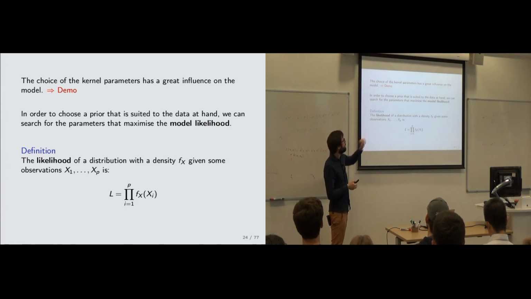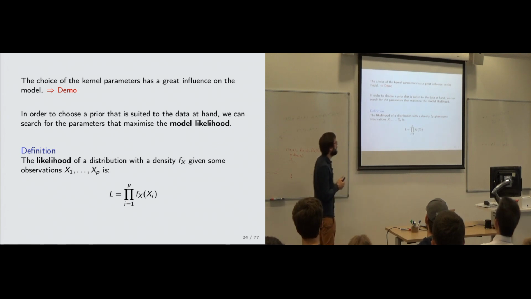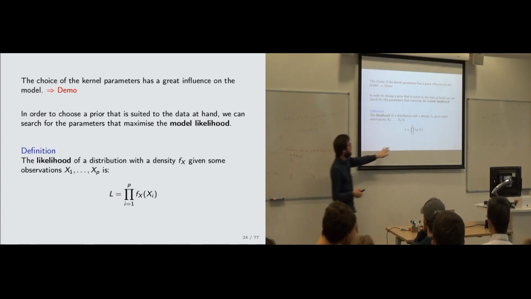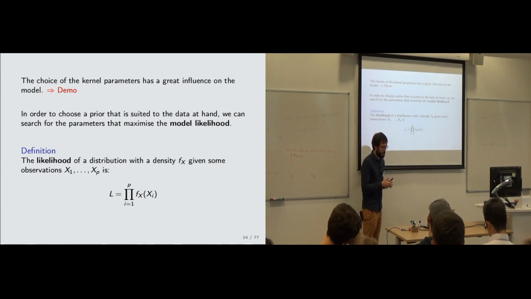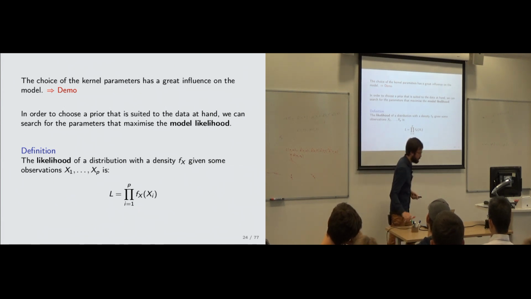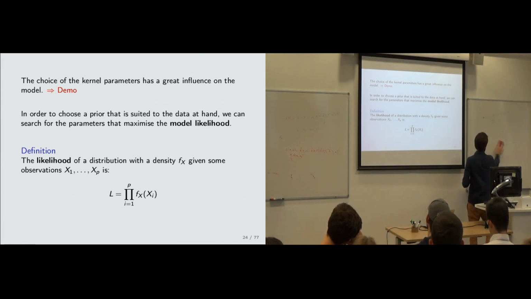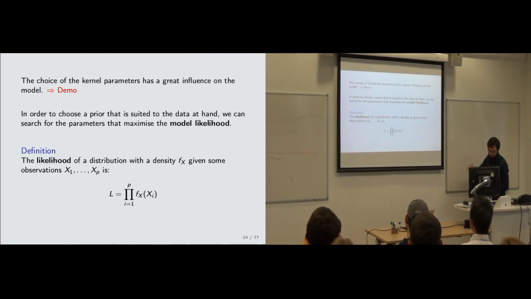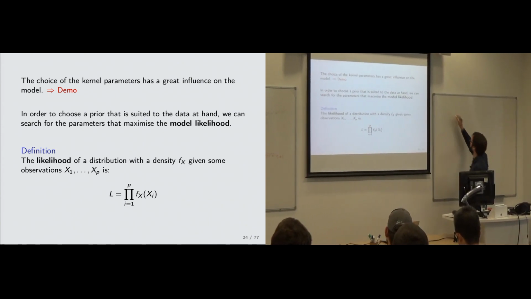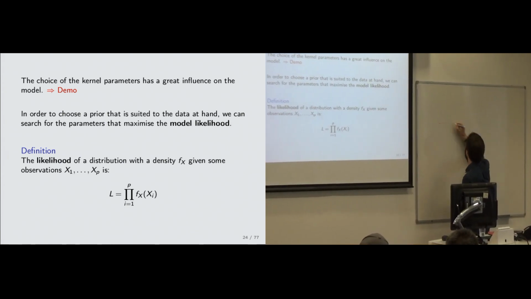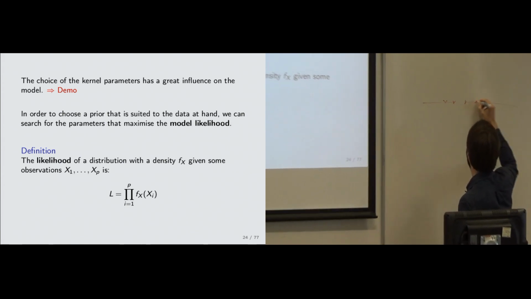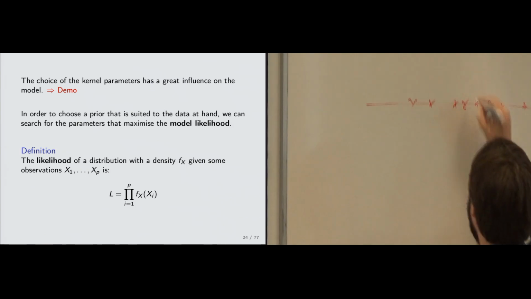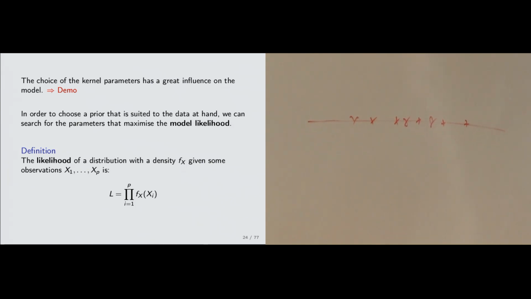So the likelihood of a distribution or of a model with the density f given some observations is given by this quantity. So maybe I will just draw quickly on the board a simple example of maximum likelihood estimation. Let's say you have samples from a uniform distribution.